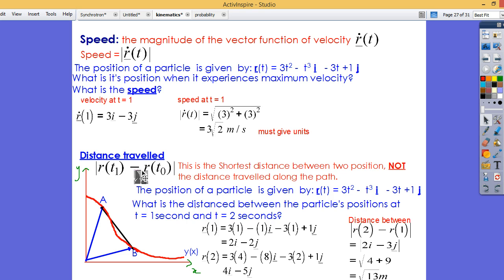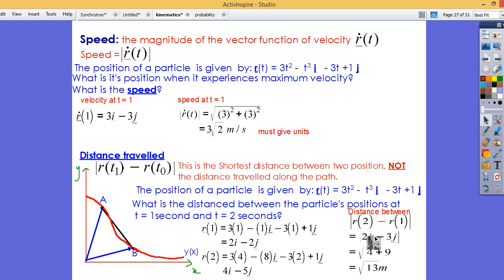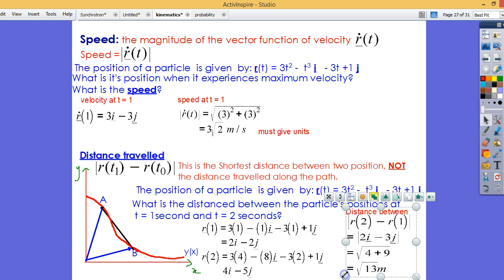This is the position at time 1 minus the position at time 2. It's basically finding this vector here, the black one. Okay, and then I find the size of that black vector, given by this, by taking the magnitude of the resultant vector. And I'm getting root 13 meters.